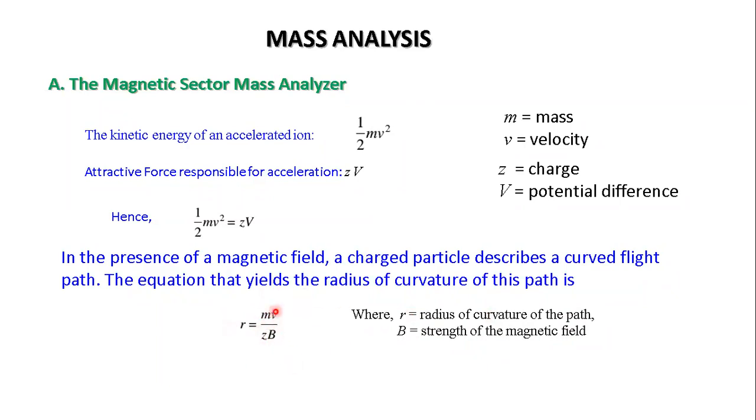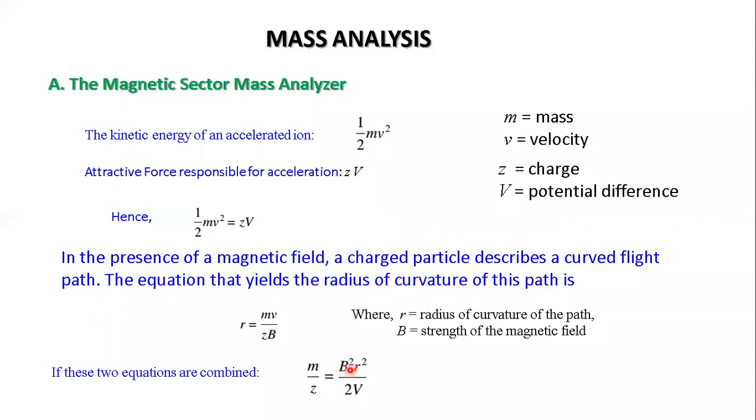Now you can compare these two equations and come up with m by z. If these two equations are combined, you can extract m by z, and m by z is equal to B square r square by 2V. You can do this on your own, and you will get this expression: m by z is equal to B square r square by 2V.